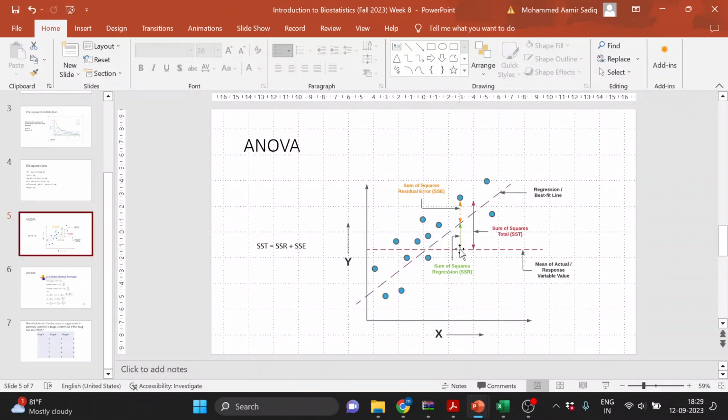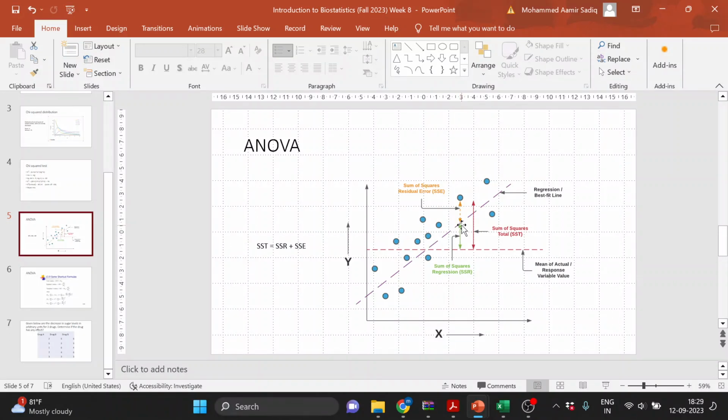Now, what is sums of squares of regression? It is y predicted minus the same y bar. What is your predicted? Any point on that line which is in line with the data point. For example, my data point is here, but my predicted value for that data point is on this line.